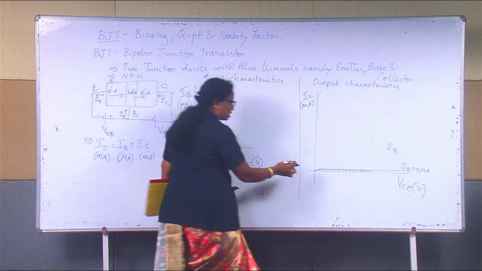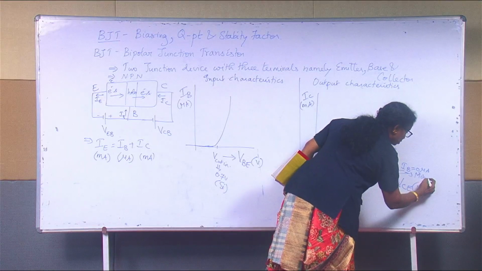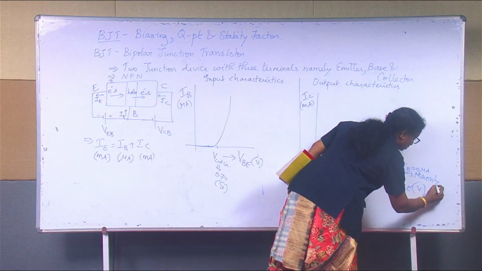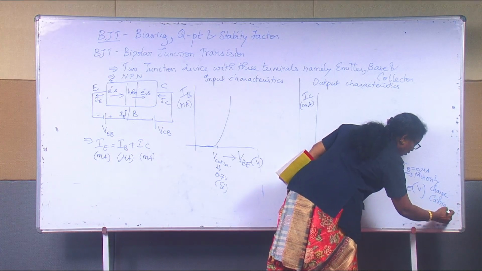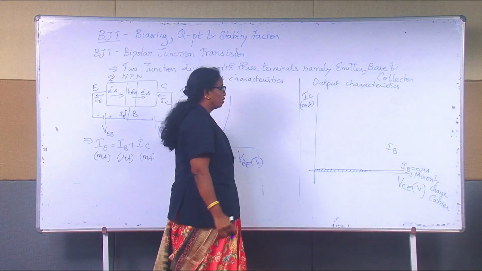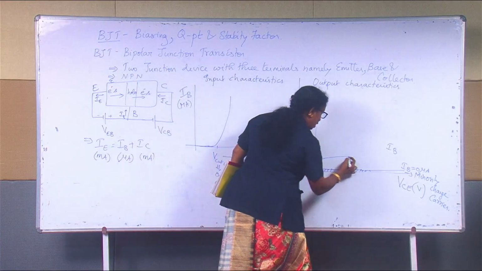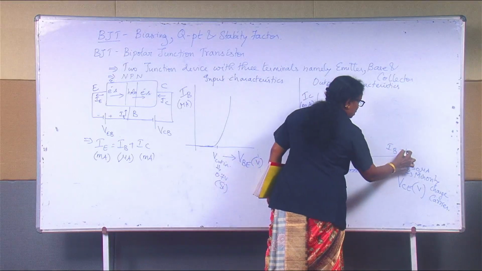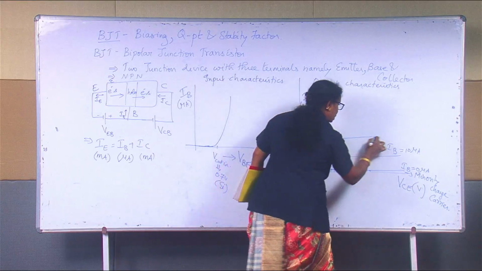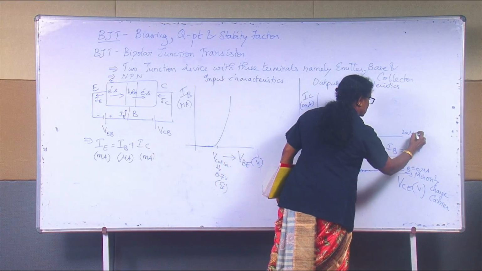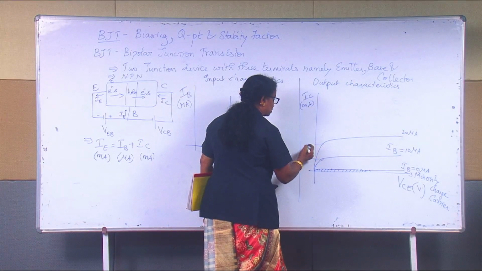So this current is contributed by minority charge carriers. Now as I increase my base current, say to 10 microamps or maybe 20 microamps, my range of current will increase.